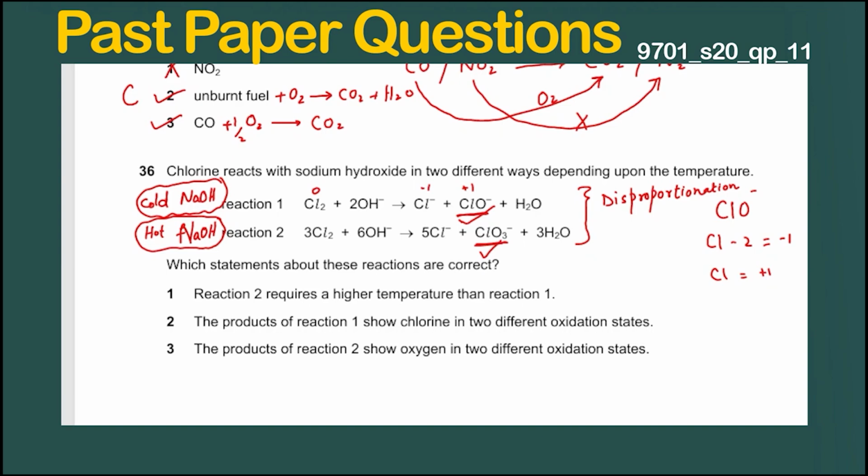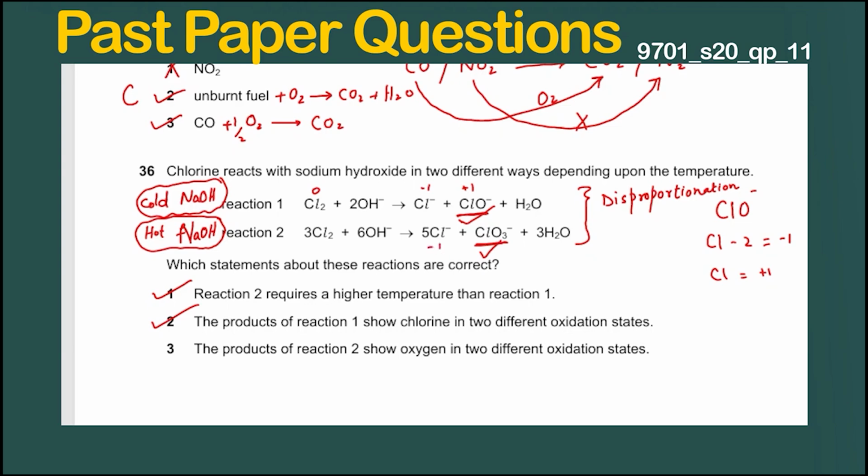So in the first option, reaction number 2 is at a higher temperature than reaction number 1, obviously because more oxidation is happening. The product of the reaction 1 shows chlorine in two different oxidation states. Yes, we can observe here the oxidation states as 0 to -1, 0 to +1. So that is disproportionation reaction. This is again the correct statement. And the last statement is the products of the reaction 2 show oxygen in two different oxidation states. Let's have a look.